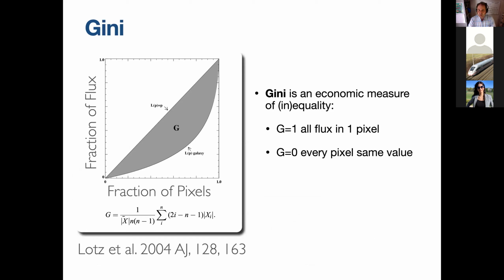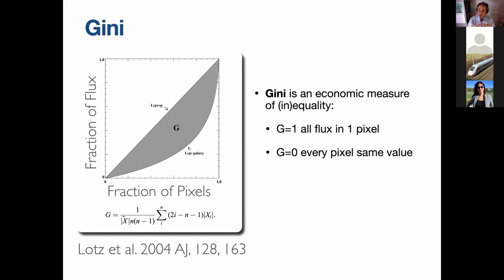Another way to do this is called the Gini parameter. The Gini parameter is an economic measure. So again, we've been borrowing from other fields. Gini was an Italian economist. Don't look him up, don't Google him, but it is quite useful.